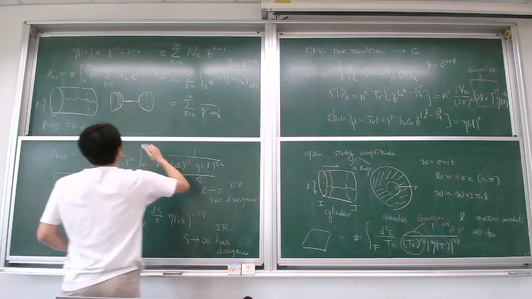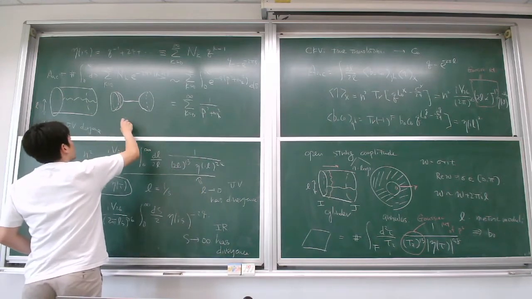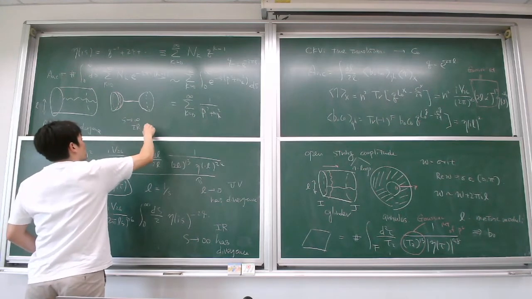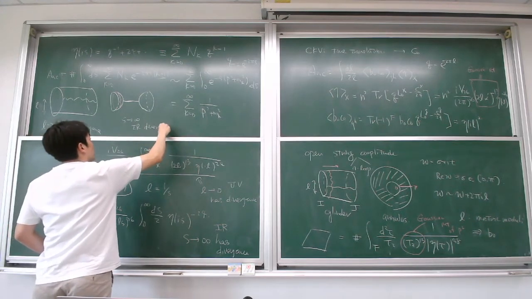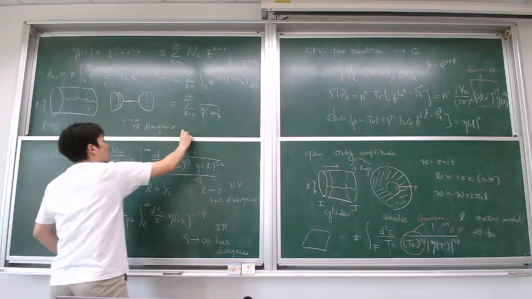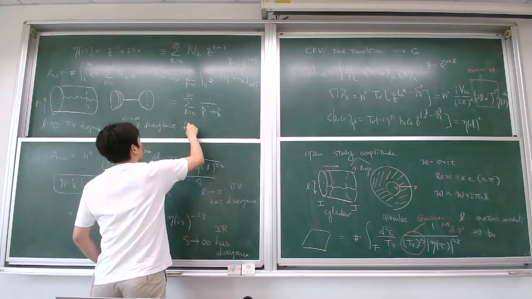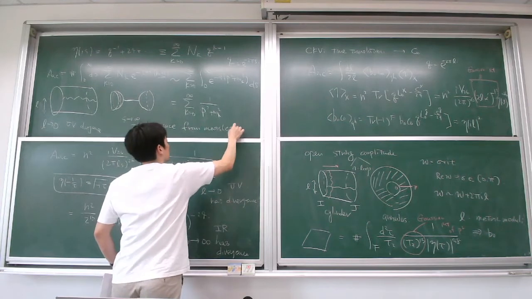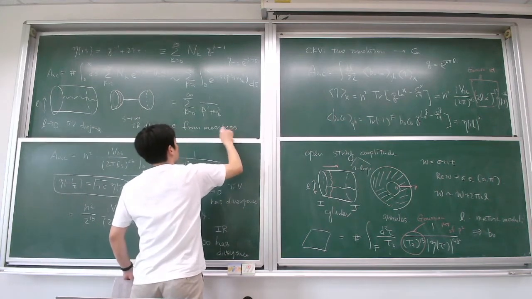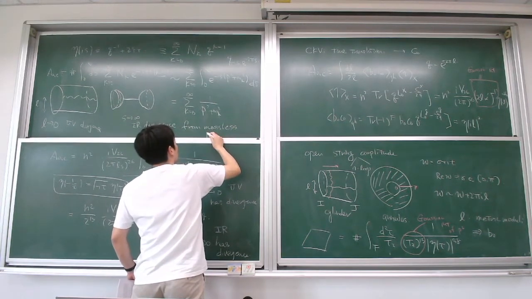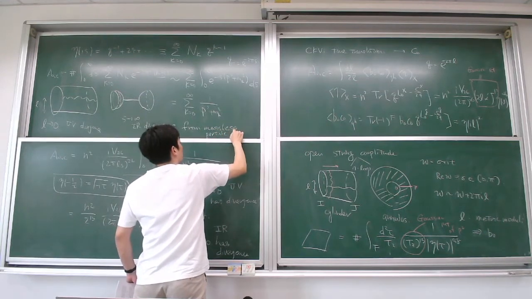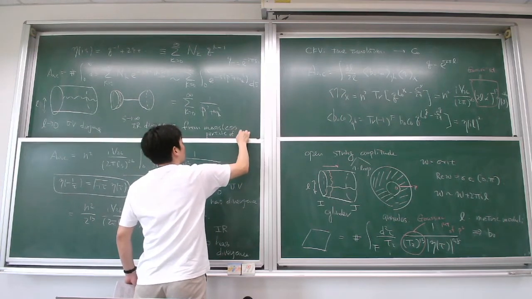And the IR divergence, S goes to infinity, is really coming from the massless states, a massless particle of the closed string.